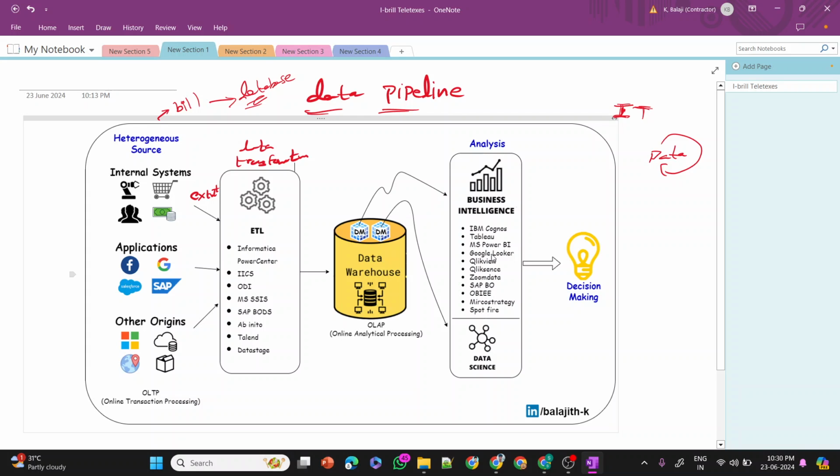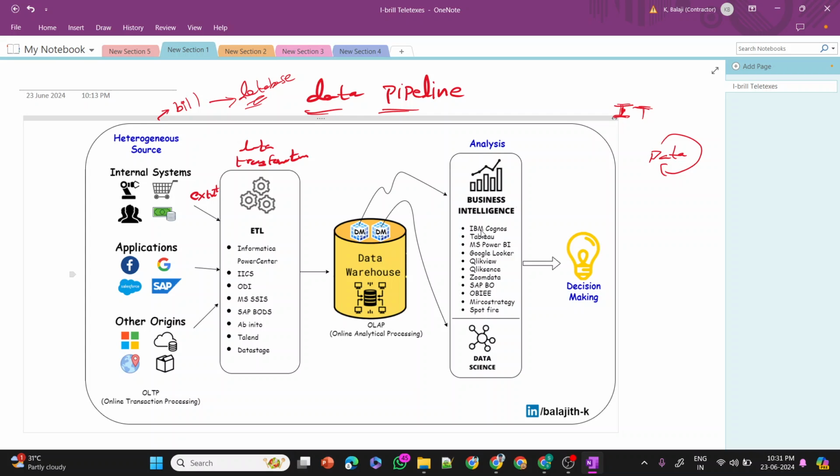For analysis purposes, there are so many analytical tools out there like Power BI, Looker, Tableau, and QuickSight. These are the analyzing tools. After getting the data from the data warehouse, the data will mostly be in a normal rows and columns format.